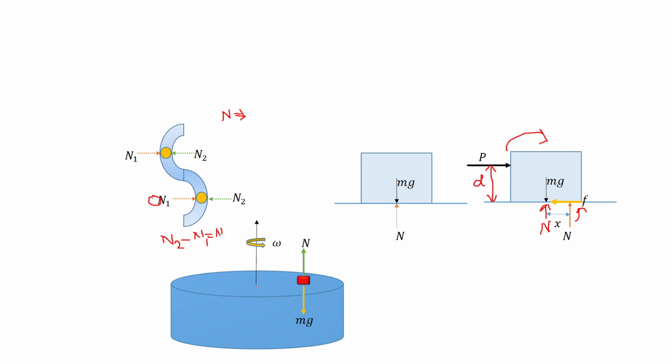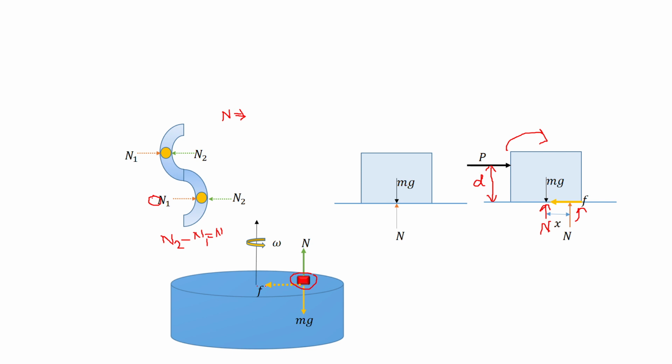But because this block is moving in a circular path, by Newton's law there should be a net force, and that net force should be provided by the contact force, as there are no other forces. This contact force now is the frictional force. So the frictional force should provide the necessary centripetal acceleration, so it should be towards the center.